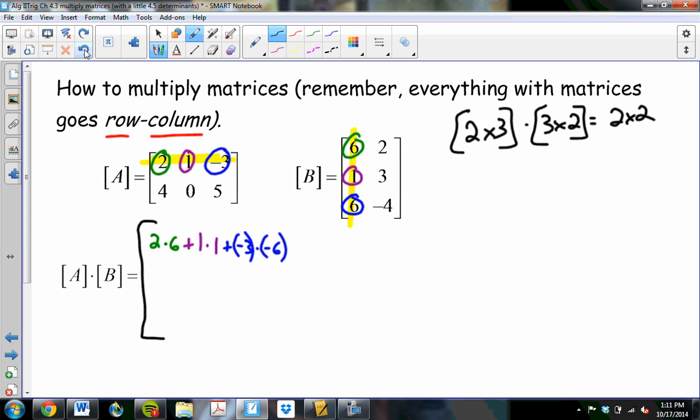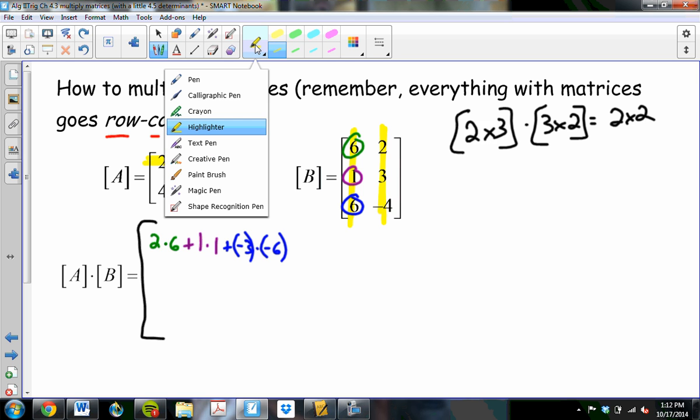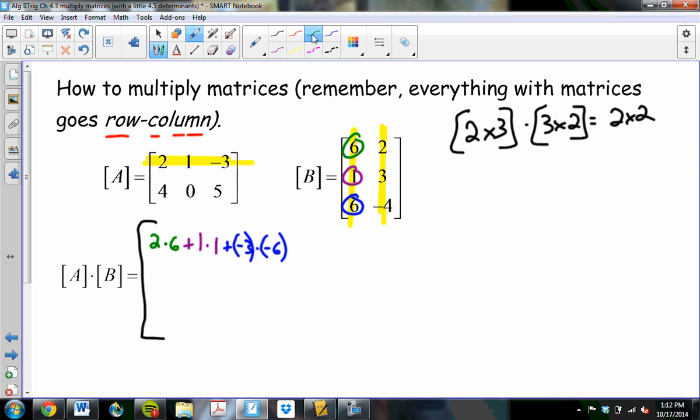This right here is the first top left cell of that 2 by 2 matrix. We'll leave that there for a second. Now I'm going to do this same top row by the right column. Top row, right column, because everything goes row, column. So I do 2 times 2, which is 4.